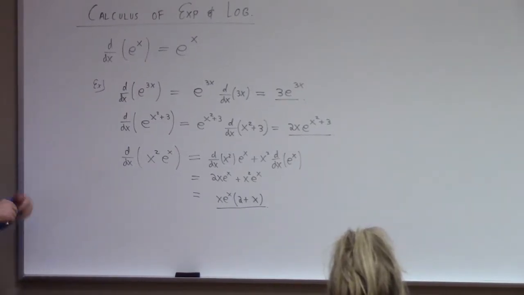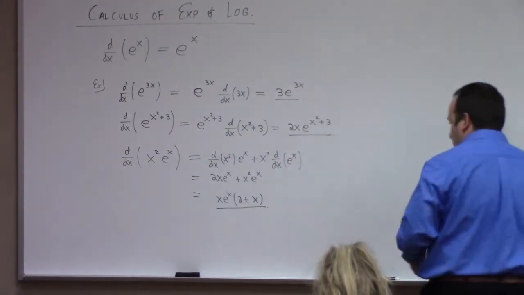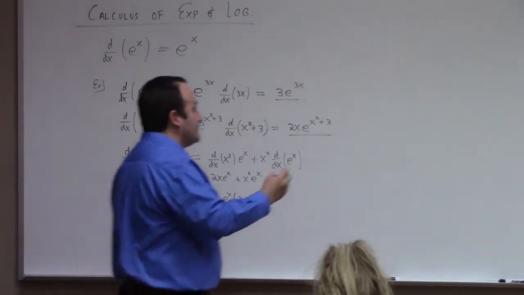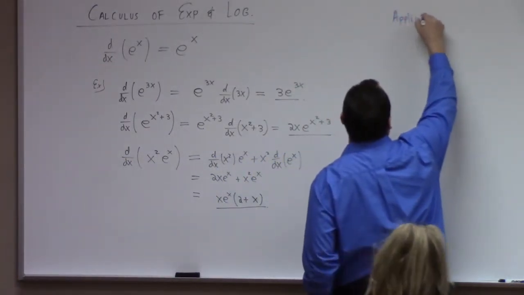Now, who cares about this example? Well, here's an application. Why is simplification an important thing for some examples? An application of that calculation I just did would be this.